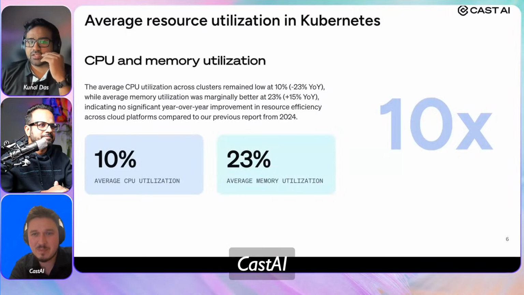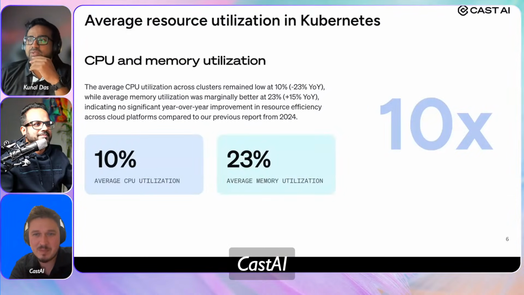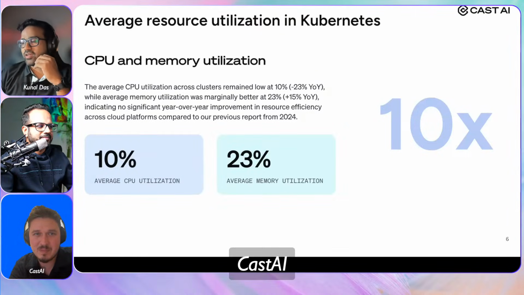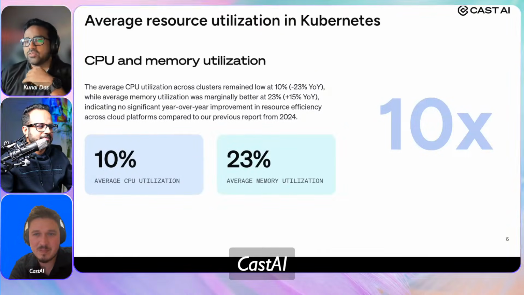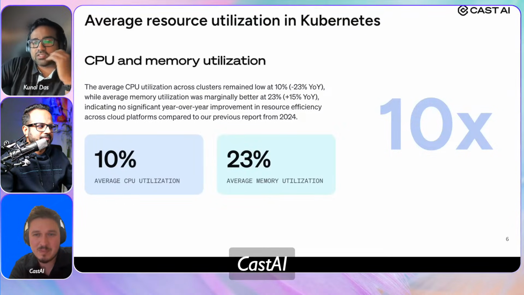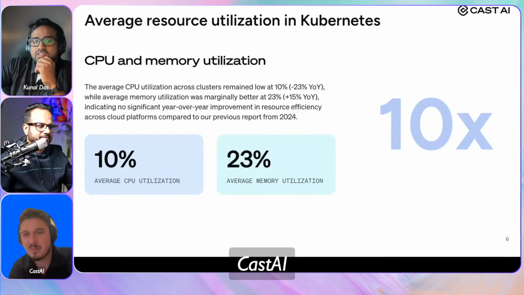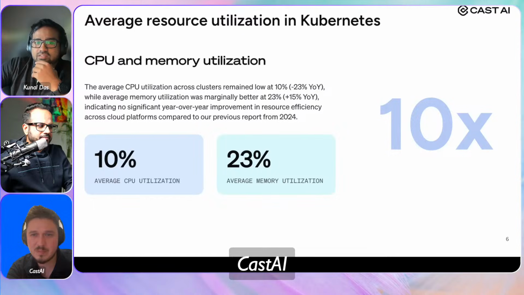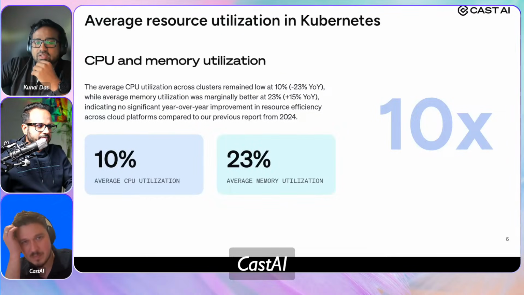So let me just reveal the result. As per the latest data point or survey from last year, we got to know that average CPU utilization across different organizations is just 10%, and memory utilization is also very low, at 23%.